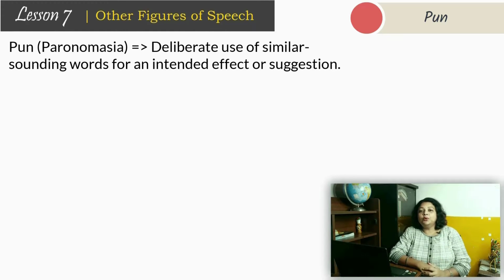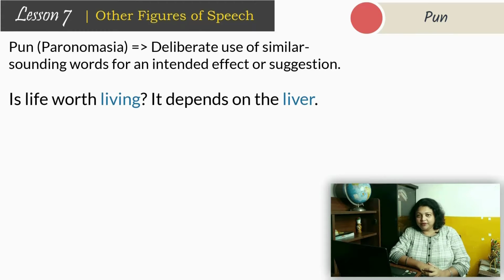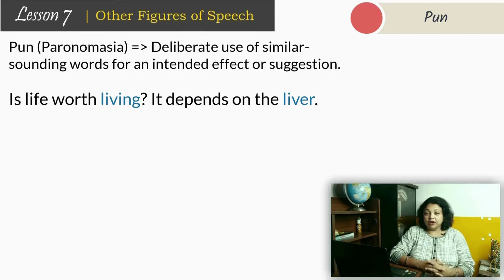I'm going to begin with a very humorous line. Is life worth living? It depends upon the liver. Now, when you look at the word liver, it refers to the organ in our body, which is a very vital organ, and therefore it's very important for our survival. So that is one meaning of liver.